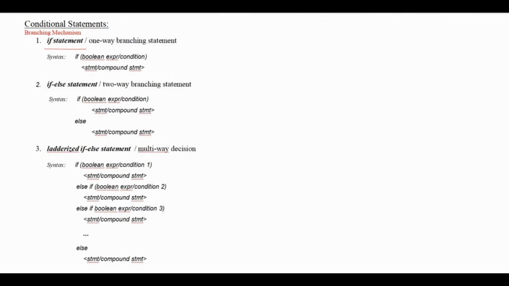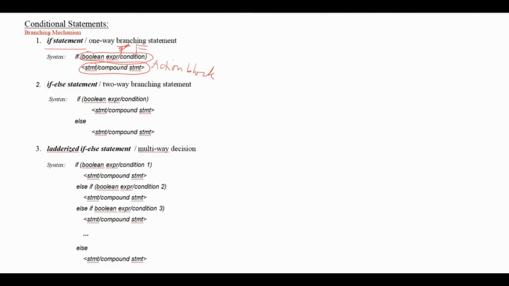The if statement is called a one-way branching statement because if the condition is true, this one here, then the program will have this action block executed. When the condition is false, then the program will not do anything.